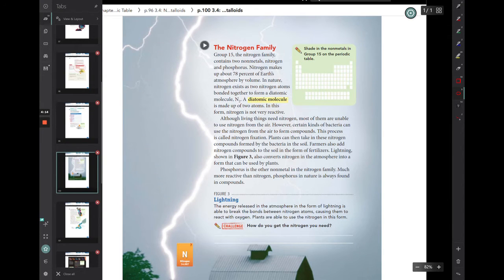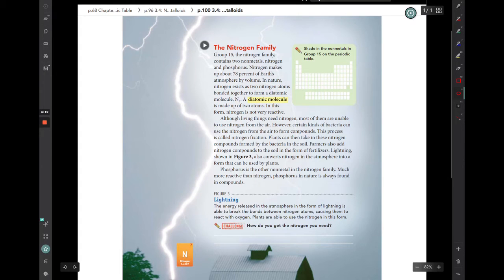So the first group that we want to look at, or the first family, is the nitrogen family, which again is group number 15 on the periodic table.